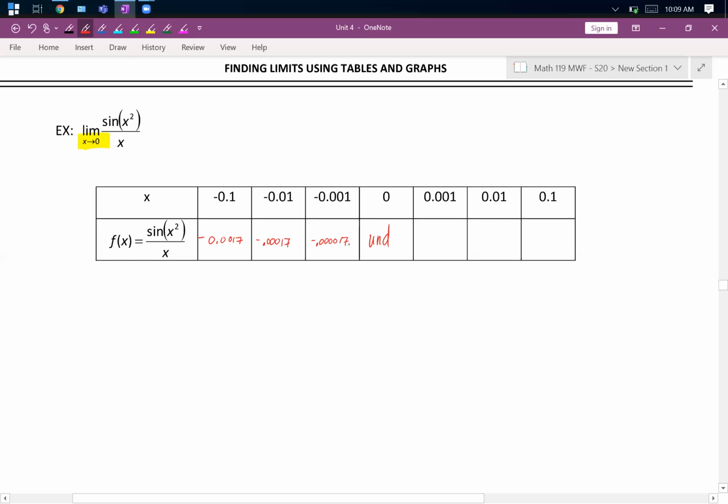I'm filling them in this time. All right, so those are the numbers that I got.